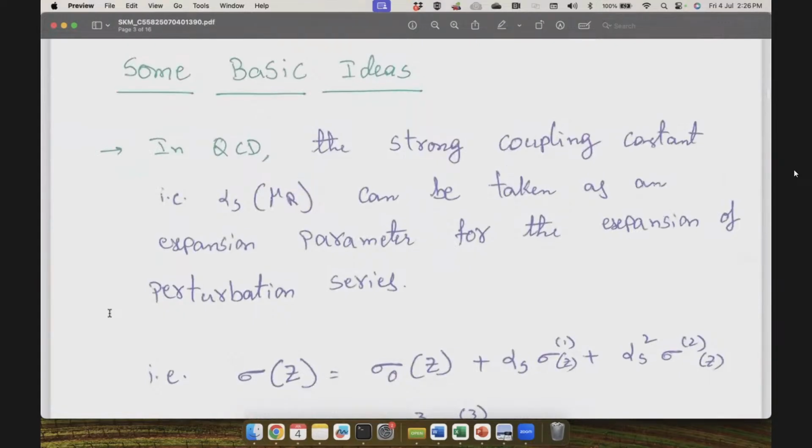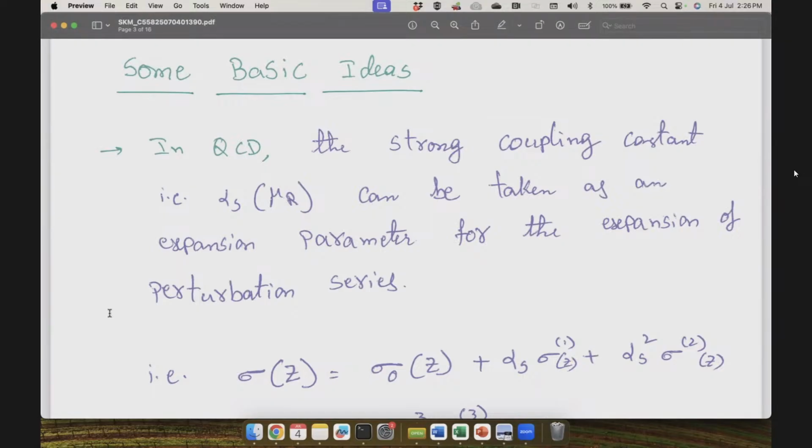So let me go into the basics of these things. So what are the basic ideas? In QCD, we have the strong coupling constant. Suppose we want to use quantum field theory and we want to make perturbation theory the basic ingredient for any calculation of scattering cross sections.